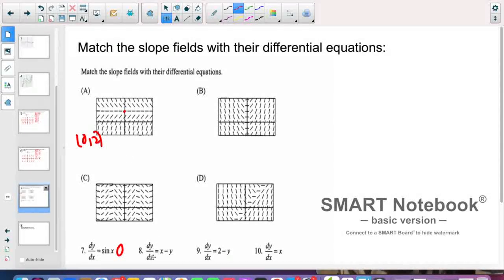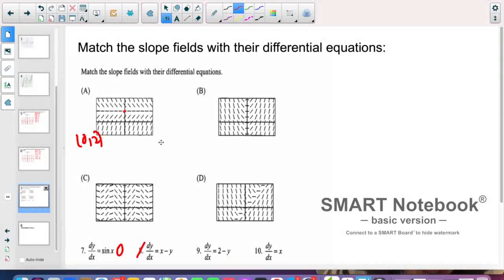So we can eliminate that for part A. Here, 0, 2, if I plug 2 in for y, I do get a 0 here. So that may be my answer. Very possible. So we've got 2 of them so far that might work. If you plug in 0, 2, well, 0 in for x gives me a 0. So that very well could be the answer as well. Okay, so we've eliminated 1.